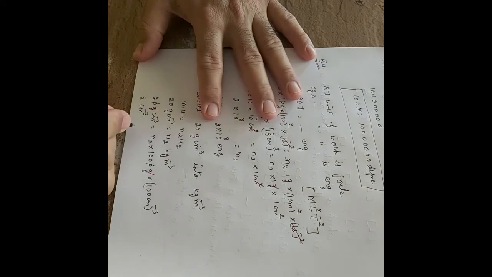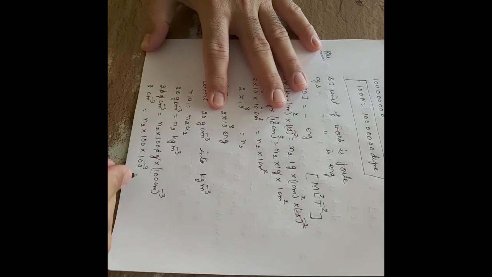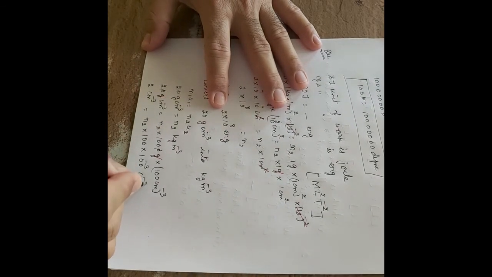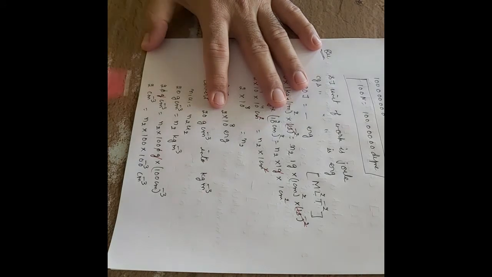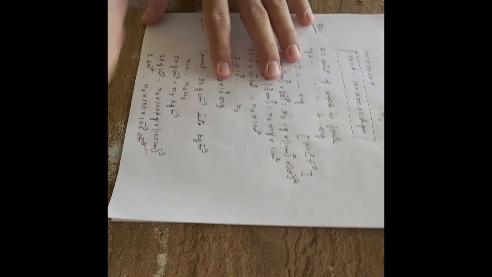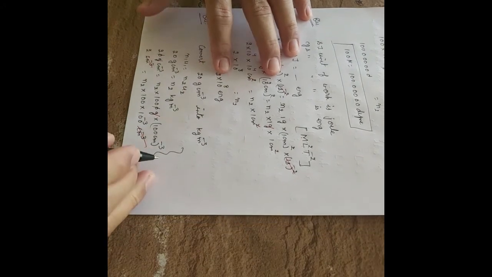minus 3, so N2 multiplied by 100, and what is this? When I open this, 100 to the power minus 3 centimeter to the power minus 3. So what will happen? This centimeter to the power minus 3 gets cancelled. So how much will it come here?